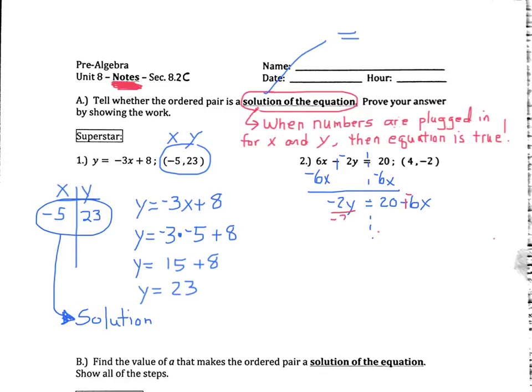Divide by -2 every single term. That gives me y equals -10 plus 3x. Now since this is an addition problem, I can change the order. 3x plus -10. All right, that's function form, which we learned already.